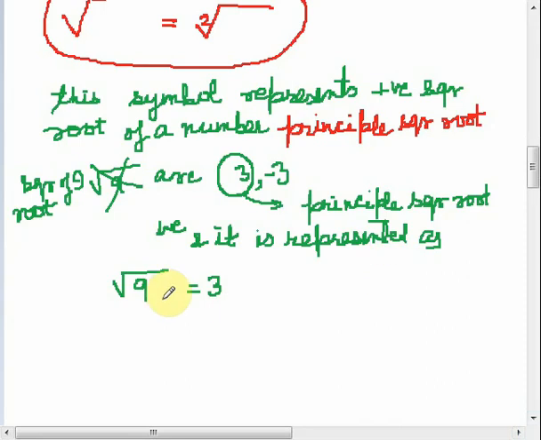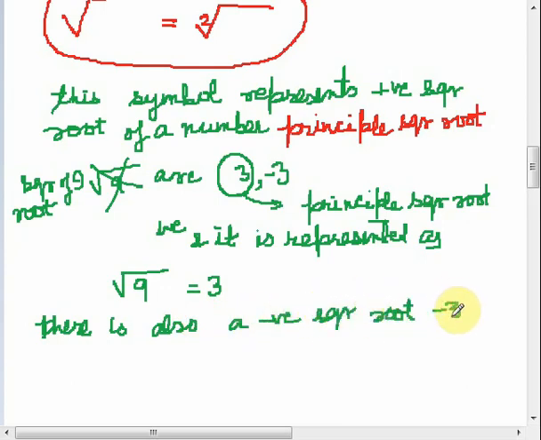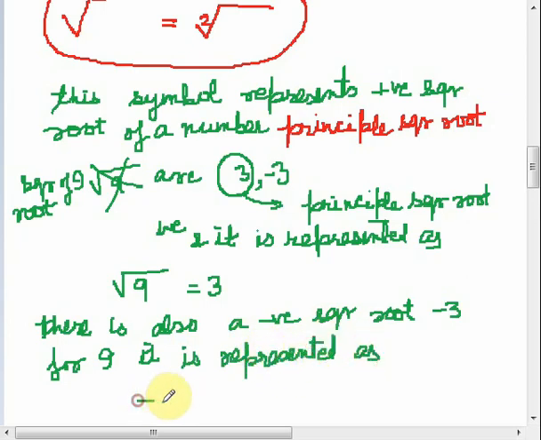Principal square root. There is also a negative square root, minus 3 for 9. It is represented as minus root 9.